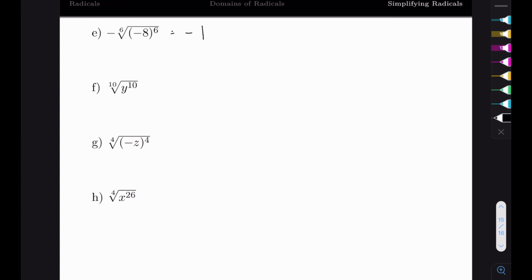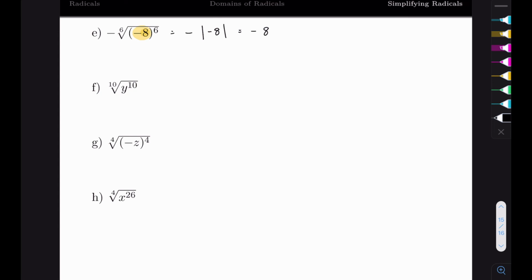So the 6 and 6th root cancel each other out, but we have to take the absolute value of whatever this base is. The absolute value of negative 8 is positive 8, but the minus sign in front just immediately gives us negative 8 as an answer.